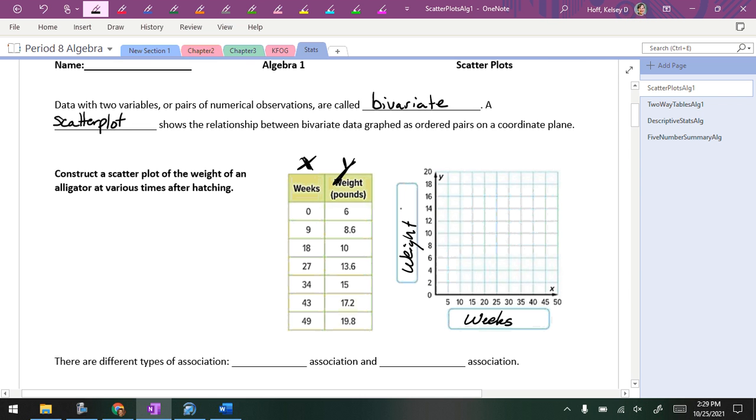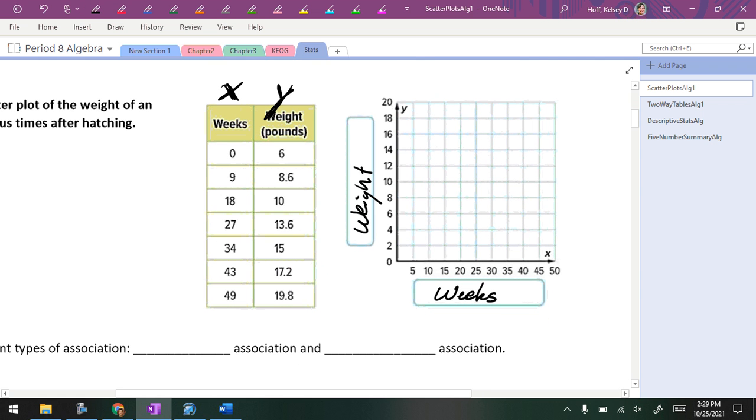Now a scatter plot is just plot those points. Are you going to be able to be exact? No. Are you going to try to be as accurate as you possibly can? Yes. So take a minute, 3, 6, looks like there's 7 points to put on that scatter plot.